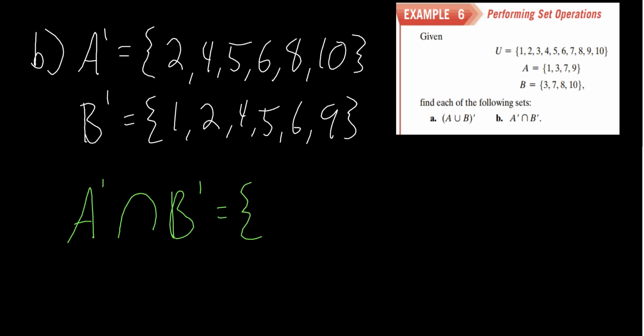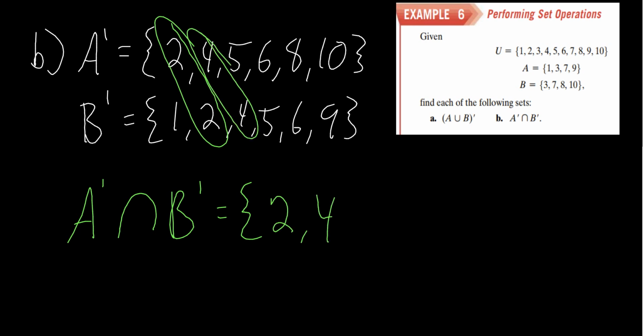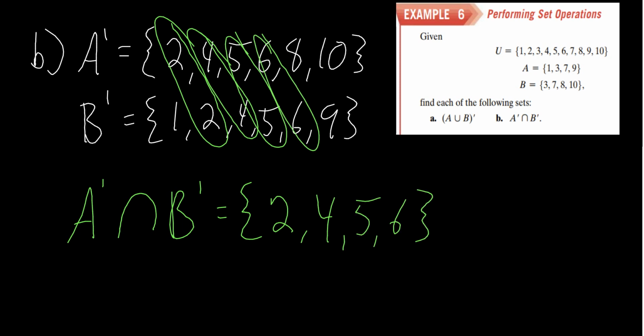It looks like 2 is in both sets, so 2. 4 is in both sets, so 4. 5 and 6 are in both sets. 5, 6, and I believe that's it. So 2, 4, 5, 6. Those are the only elements that are in both A complement and B complement. And I think that's a pretty good example of complements.